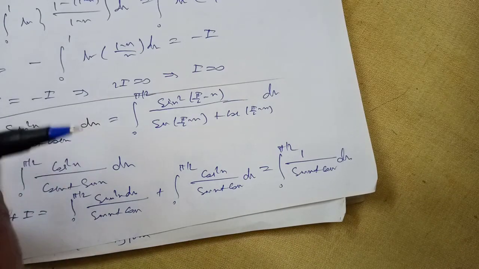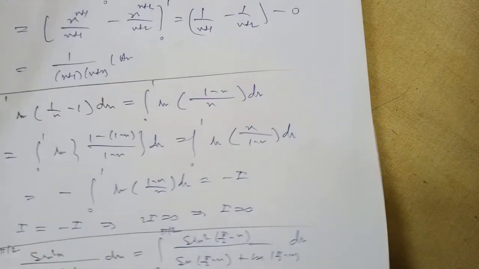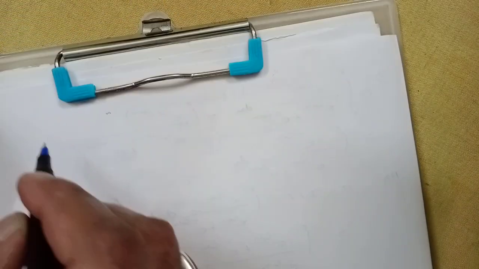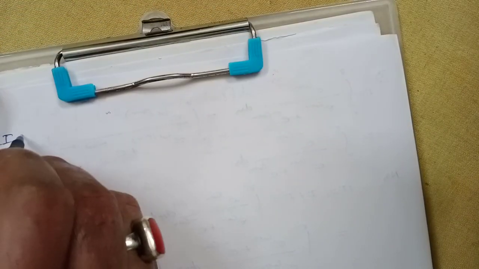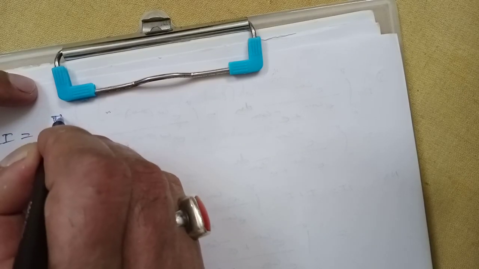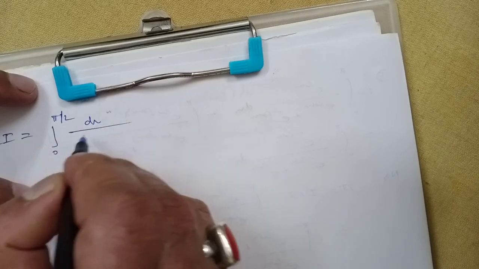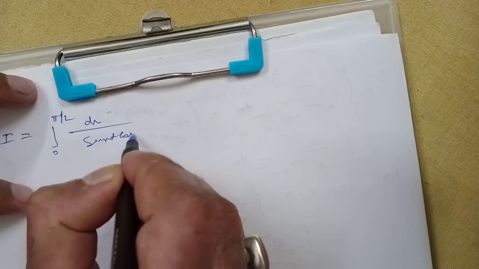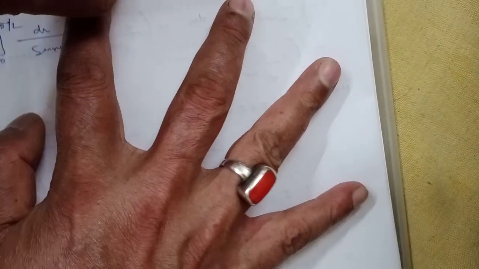Okay, now let us change the page. We get 2I equals 0 to pi by 2 dx by (sin x plus cos x). Let me verify once. Yes, 2I equals this.